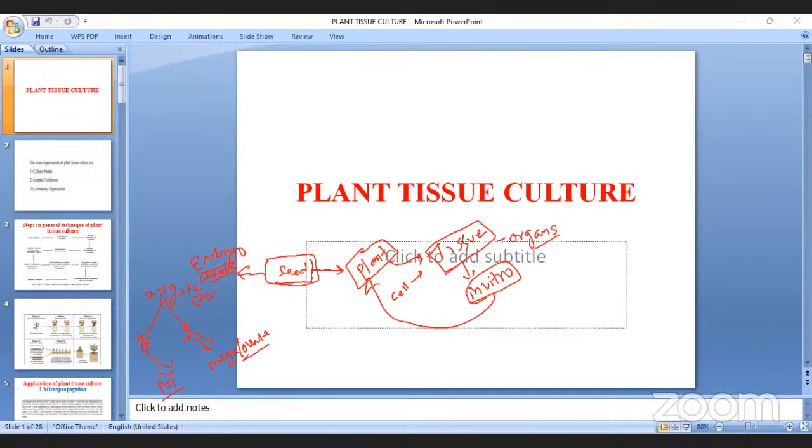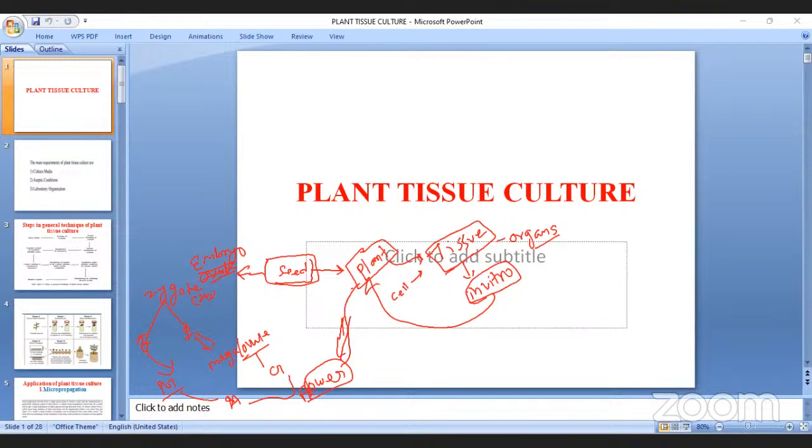The pollen grain is part of the stamen, the androecium, and the ovule part of the gynoecium. Both are parts of the flower, and the flower is part of the plant.